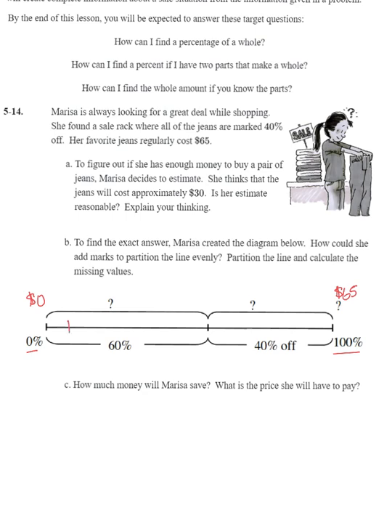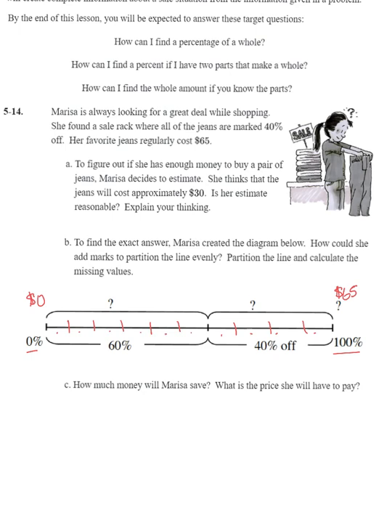So I'm going to add lines so that I have a total of 1, 2, 3, 4, 5, 6, 7, 8, 9, 10 pieces. I have 6 pieces on the bottom because if each piece is 10%, 6 of them would be 60%. I have 4 pieces on the top because if each piece is 10%, 4 of them would be 40%.